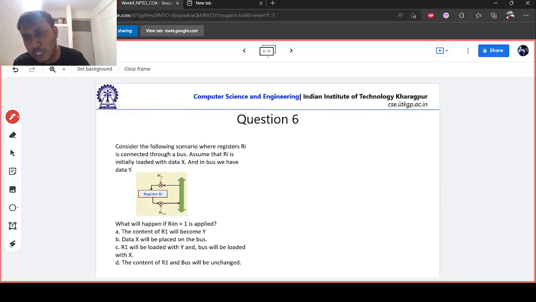So if you look at this diagram, it has basically a register and two control signals, Ri in and Ri out, and the control signals are connected to the bus.